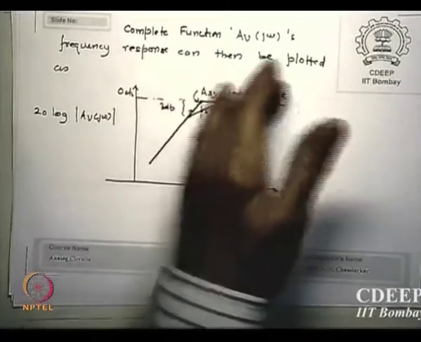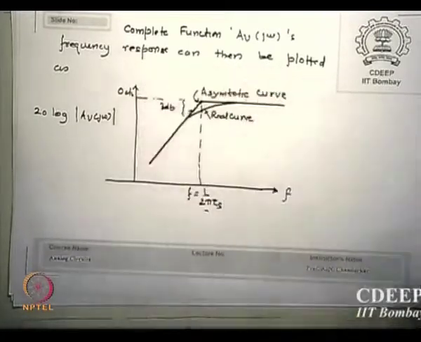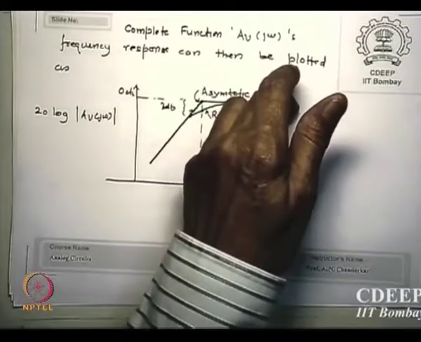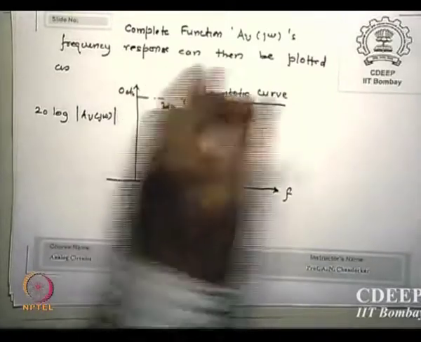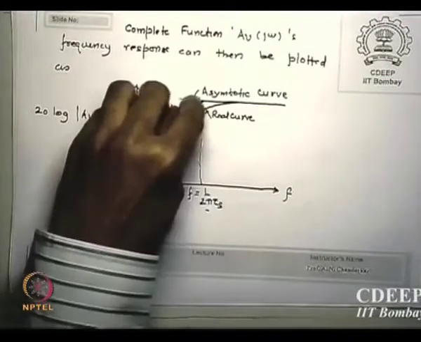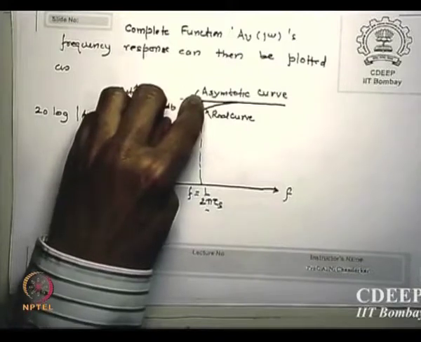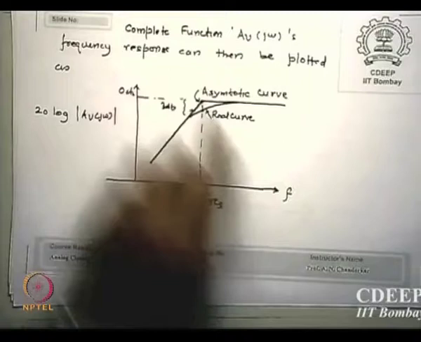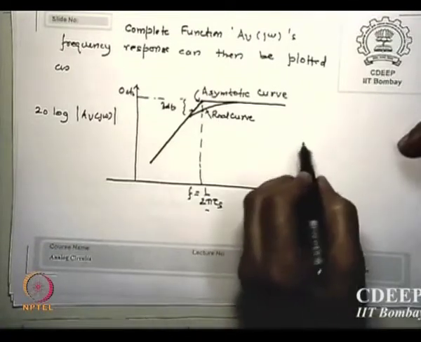This is your real curve, and this is the curve which I am now modeling. Is that clear? This is the real value, is that correct? This is what I am now saying equivalently, two lines like this. So this frequency is also called the 3 dB frequency or minus 3 dB frequency, but this is called the corner frequency.